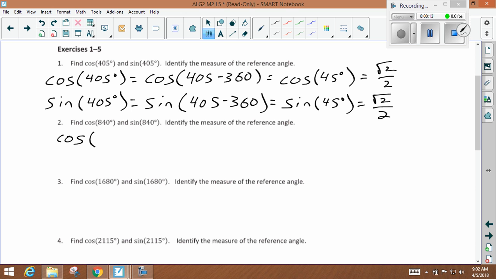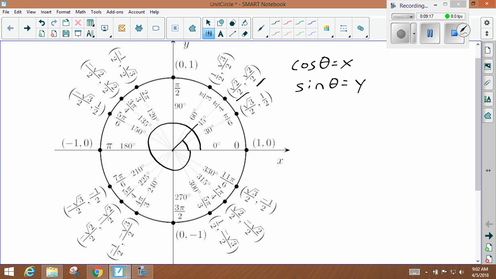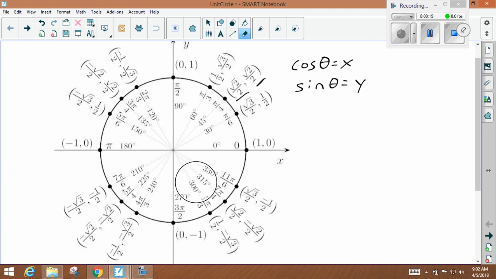Okay? So for instance, let's go ahead and do it on the unit circle. I'm going to start in the middle. So I go 360, right? 720. And now what do I have left? I have 120 degrees left. So now I'm going to go 120 degrees, and that puts me right there, right?